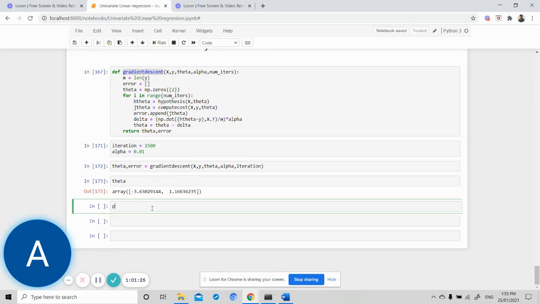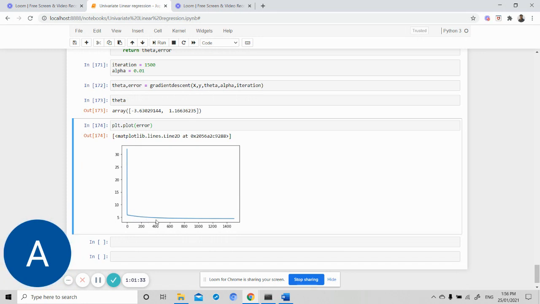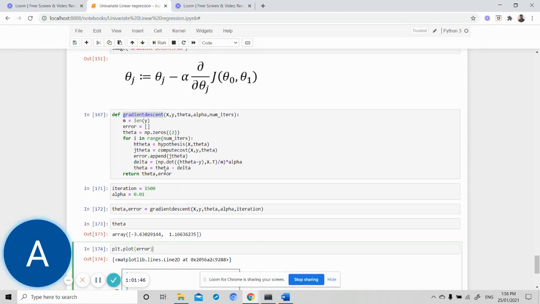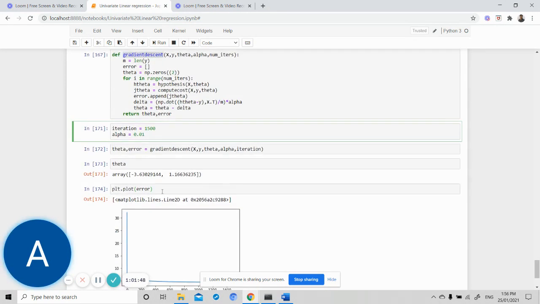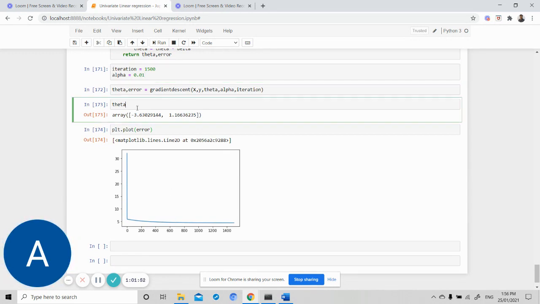Now if we plot our error, we can say that near about 500, my error is continuously decreasing, and around 400 to 600 the error looks consistent, so we don't need to iterate over 1500 times. We can even do it till 400 to 600. So this is my optimal value of theta.